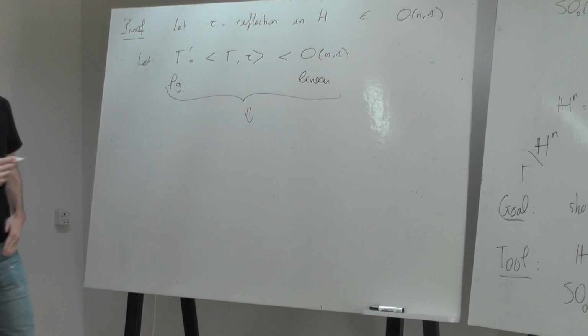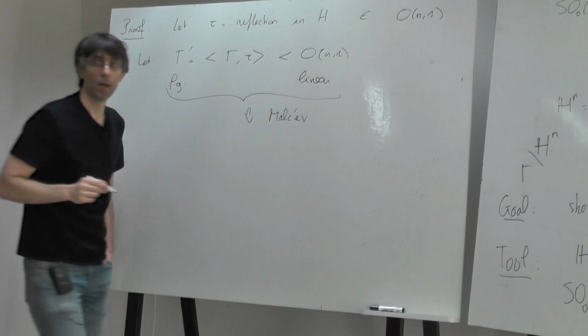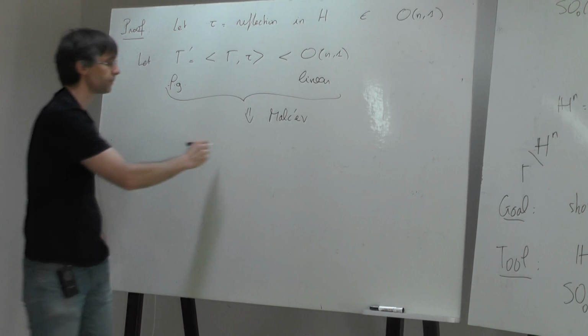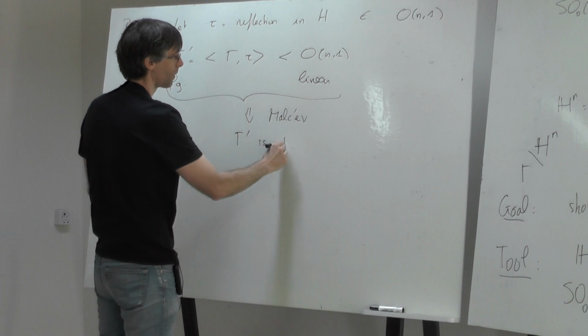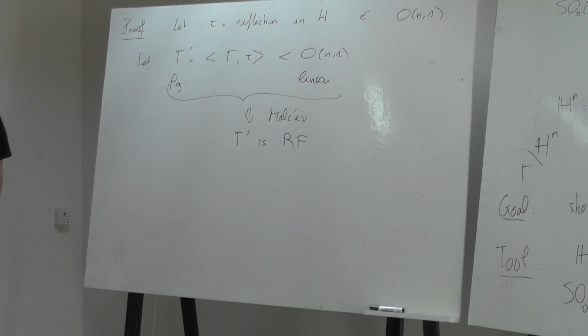This implies, thanks to an old and beautiful theorem of Malcev, that gamma prime is residually finite, RF. We know now that it's residually finite, so the trivial element can be separated inside this group.